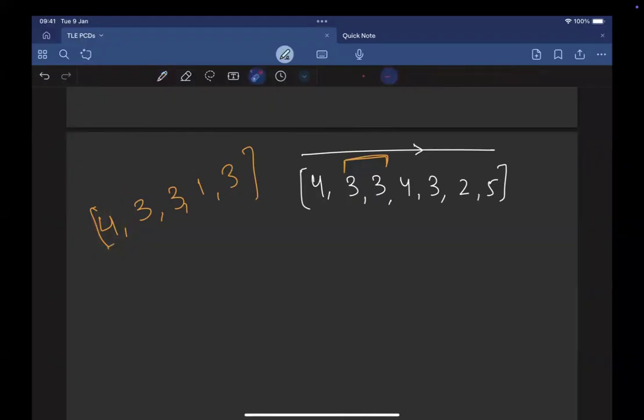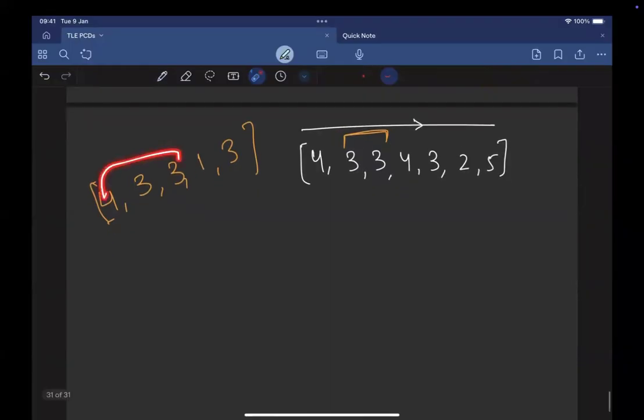But if I choose this whole subarray, then I will end up making this 1 into a 3 also, which is not good for me. It will make things worse. Whereas a better thing I could have done is just replace this to make it 3 3 3 1 3, which is actually better than replacing this guy with 3 also.